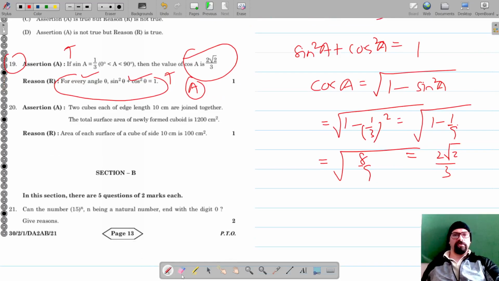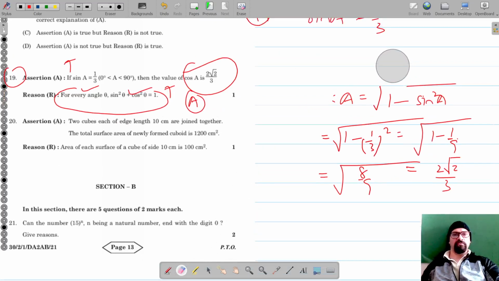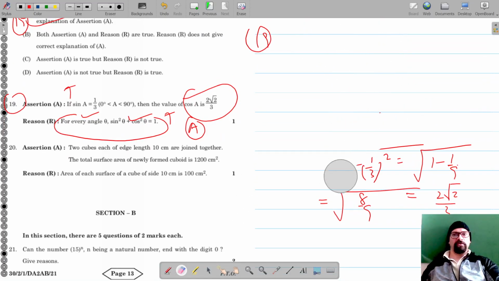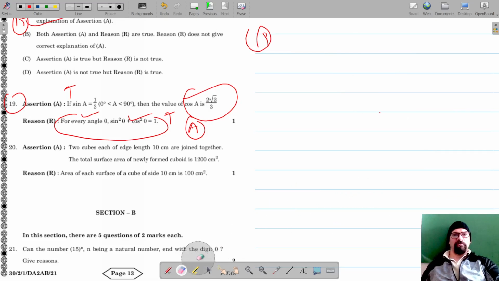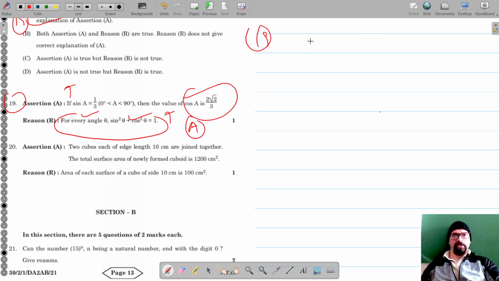Okay, moving on to question number 20. It gives that two cubes, each of edge length 10 centimeters, are joined end to end. So these are two cubes joined end to end.